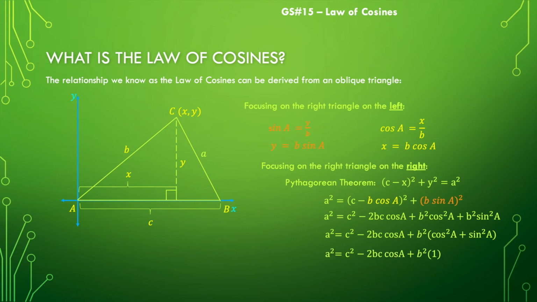So we can replace that whole thing with 1. And now let's get rid of the 1 and put this b squared over here with the c squared. And this is the most commonly used form of the law of cosines.